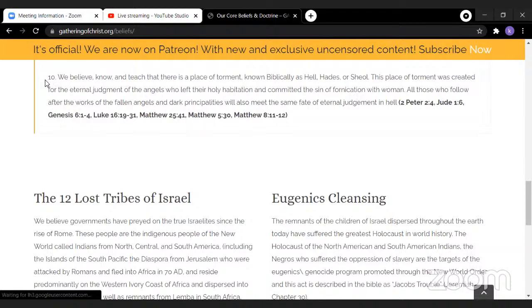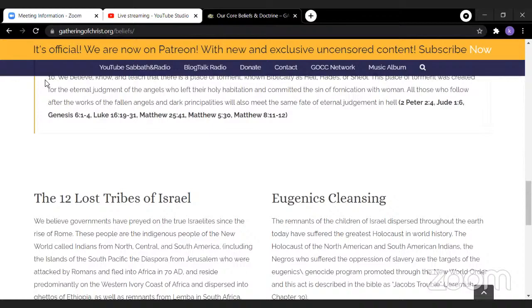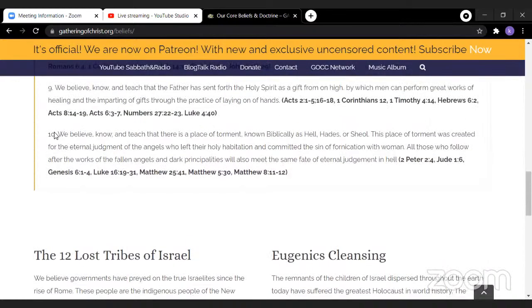It says, we believe, know, and teach that there is a place of torment, known biblically as hell, Hades, or Sheol. The place of the torment was created for the eternal judgment of the angels who left their holy habitation and committed the sin of fornication with women. All those who follow after the works of the fallen angels and dark principalities will also meet the same fate of eternal judgment in hell.